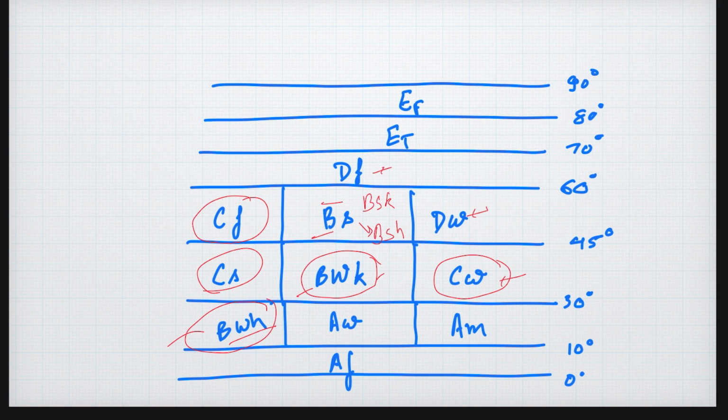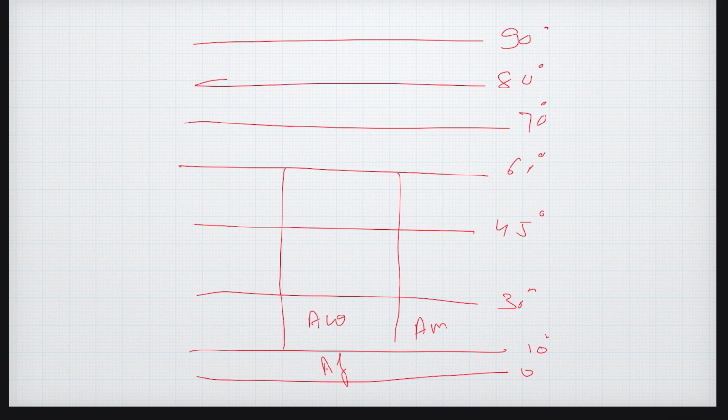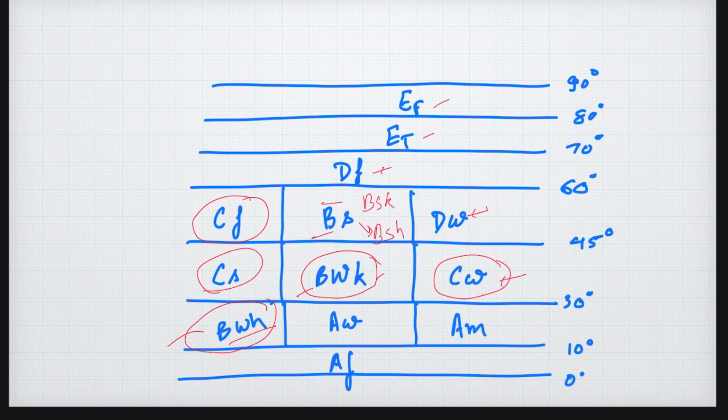DF would be humid continental type of climate, and E is ET, tundra and frosted. So this is how you have to fill that base. The same would be copied for the southern hemisphere. Now this diagram you can learn by heart, and this will help you in your basic understanding of how different climate zones are found throughout the world.